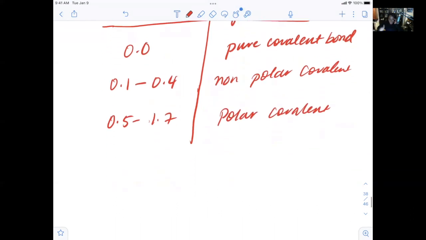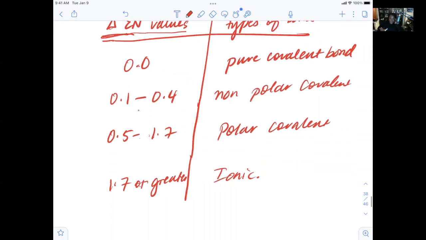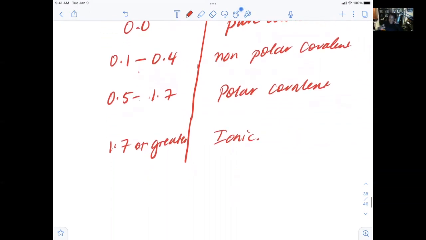And then when you have a difference in the electronegativity of the elements that's 1.7 or greater, I've seen some books that use 1.9, this is called ionic. So once again, you have to figure out the difference in electronegativity values. And since all these numbers are positive, if you get a negative number, you have to make sure it's positive.